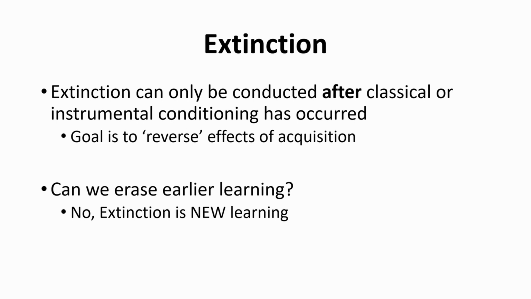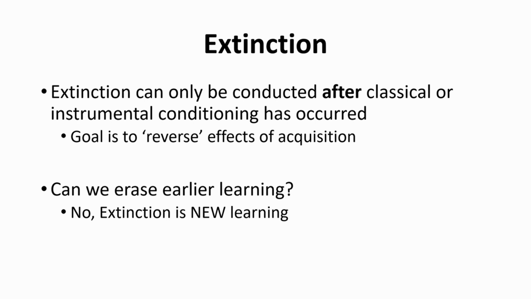So on paper, the goal is to try and reverse the effects of acquisition. The problem here is that we're not actually erasing earlier learning. Even though extinction is sort of the exact opposite direction of acquisition, where we're having a reduction in that learned behavior, and even though on paper we're trying to reverse those effects, it isn't a straight one-to-one reversal.